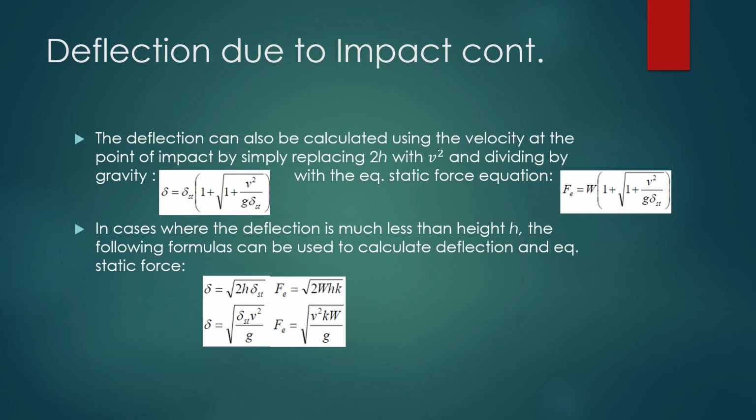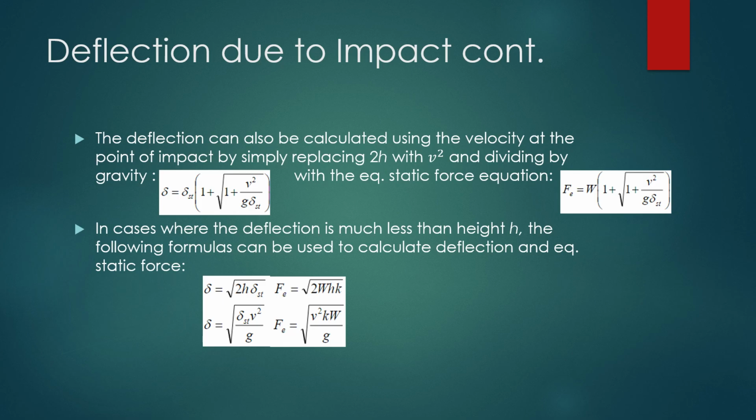The deflection can also be calculated using the velocity of the mass at the point of impact by simply replacing the 2h within the parentheses and the root with a v squared and dividing by gravity, which gives us the equation delta equals delta static times parentheses 1 plus root 1 plus v squared over the force of gravity times delta static, which gives us the equivalent static force equation of Fe, which is the equivalent static force, is equal to the weight times parentheses 1 plus root 1 plus v squared over the gravity times the delta static.